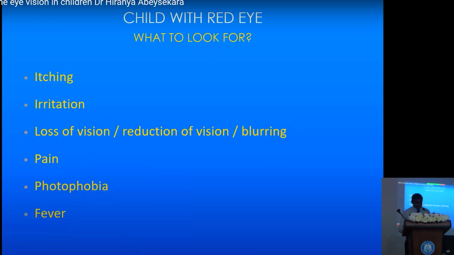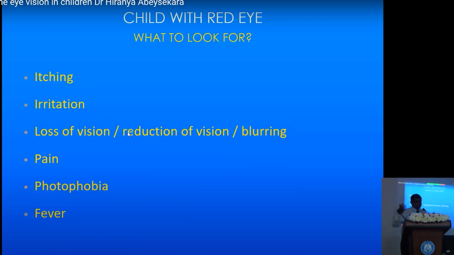Photophobia is another symptom, which could be a feature of keratitis. Keratitis is a result of conjunctivitis. If you don't manage conjunctivitis properly, the child will end up in keratitis. So the child will develop blurring, reduced vision, and pain at the end.